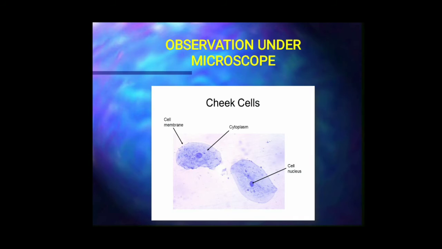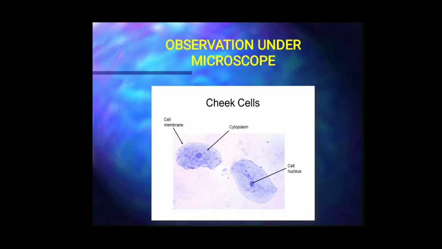So when you compare the onion and cheek cells, the nucleus which is present in onion cells and the human cheek cells, both the structures are darkly stained. Tiny darkly stained bodies you can observe inside the cells. But there is a small difference between the location of the nucleus.